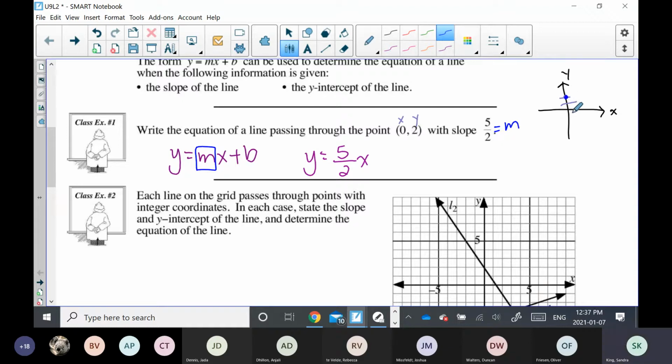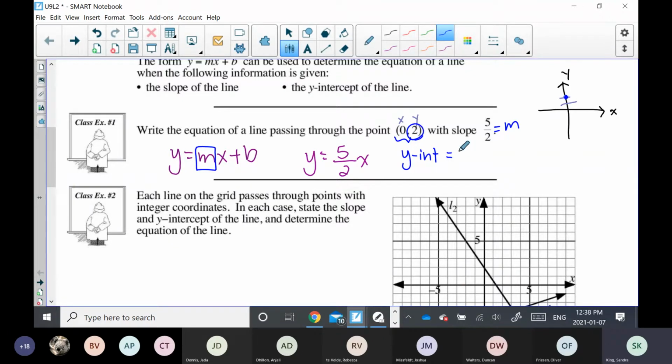And what that point essentially is, that is the y-intercept. So this point here gives you the y-intercept. And the y-intercept is, remember, whenever x is 0. So if you see a coordinate where x is 0 and then there's a y value, that's your b value.